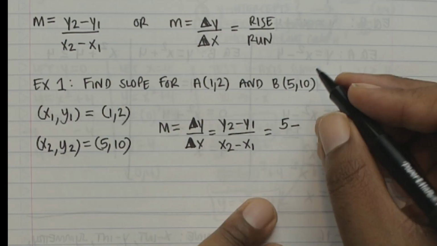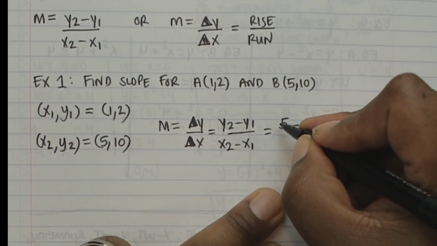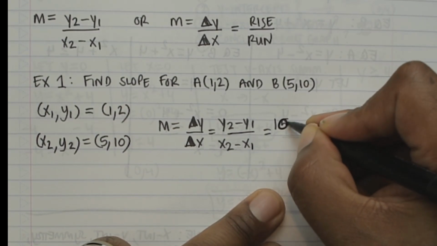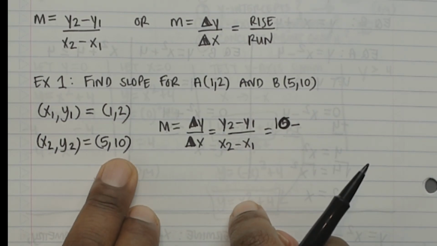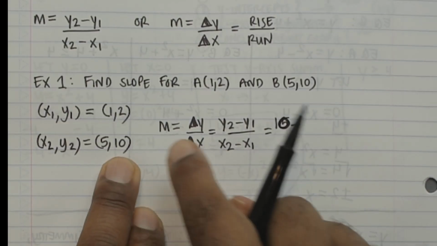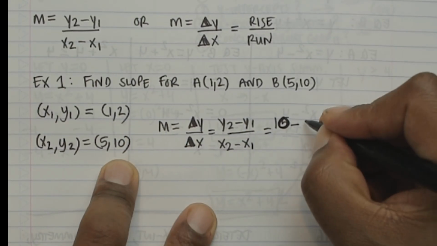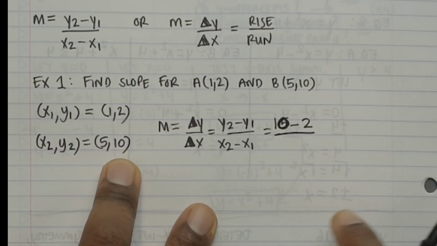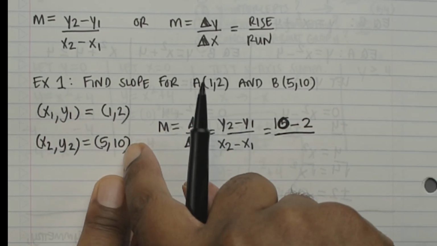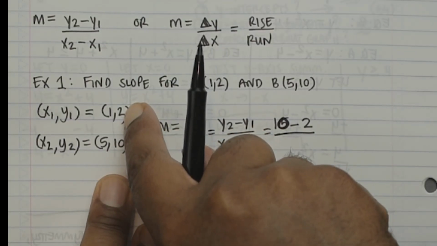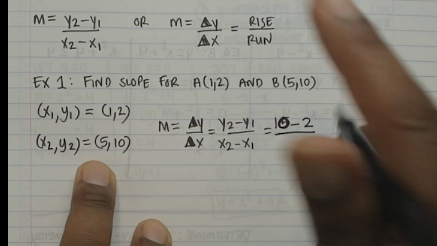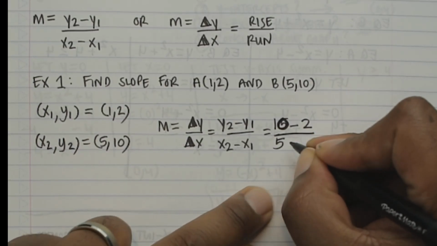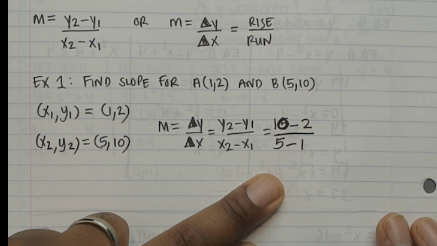Or excuse me, I made a calculation error right there. So y sub 2 is actually 10, and then y sub 1 is actually 2. Forgive me there. So again, y sub 2 minus y sub 1, and then finally x sub 2, which is 5, minus 1, which is x sub 1.